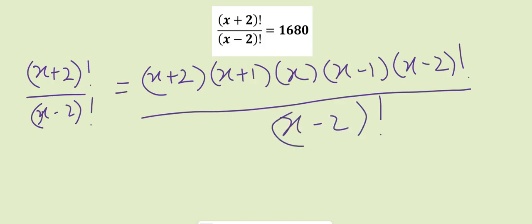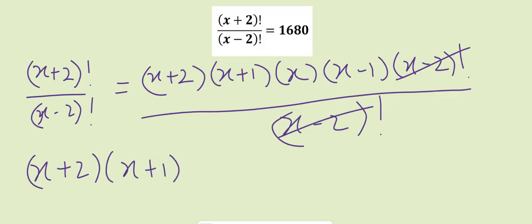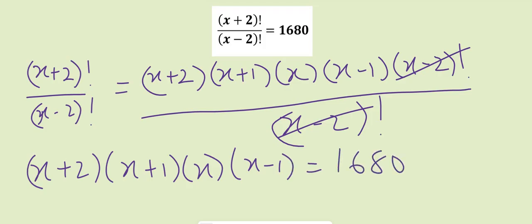So I've written the numerator in such a way that x minus 2 factorial is one of the factors, so I can cancel x minus 2 factorial out. So what I have left is x plus 2, x plus 1, x and x minus 1 equal 1680.